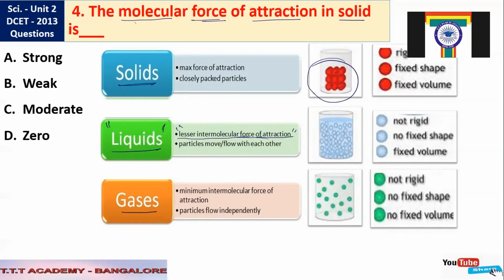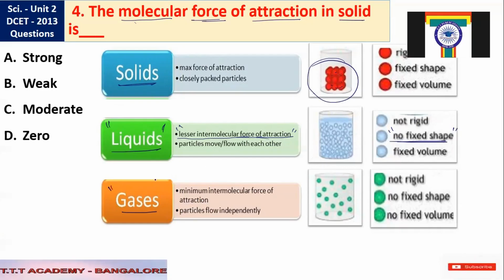Liquids are not rigid and do not have a fixed shape, but they have a volume. If you pour a liquid from one bowl to another bowl, it will take the bowl shape, and from that to a glass, it will take the glass shape. That means it has a specific volume, but there is no fixed shape. That is a property of a liquid.